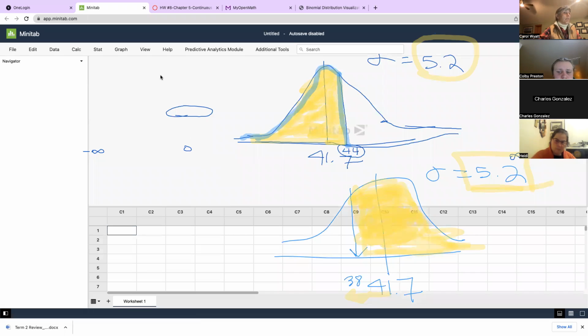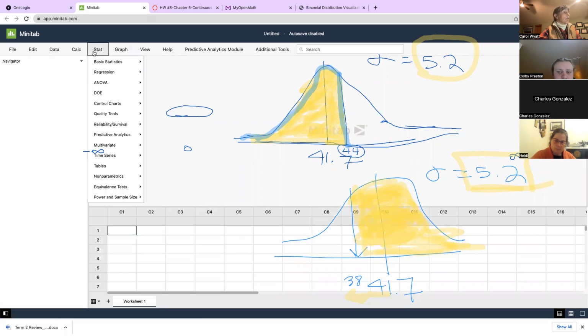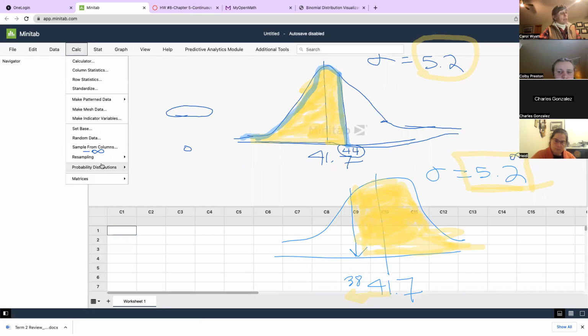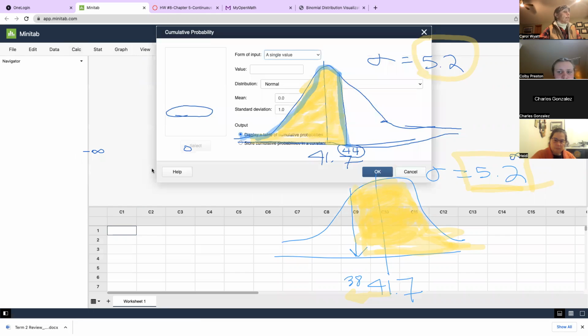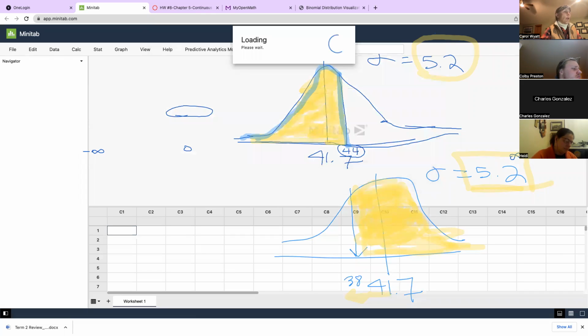On Minitab only gives me my left curve, my left tail, the left side. So I go here, cumulative density, normal. My value is 38. My mean is 41.7. My standard deviation is 5.2. I hit enter.